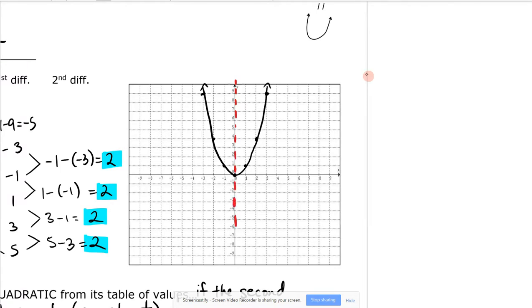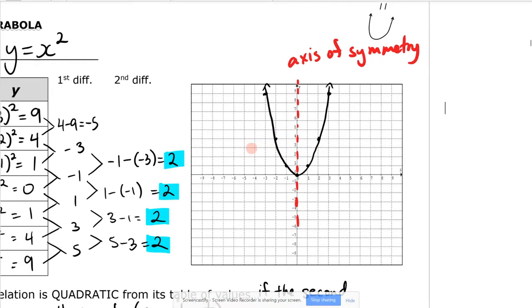It's just an axis of symmetry. And you may recall from elementary school when you have a symmetrical line, everything on the left side of the line is a mirror image on the right side of the symmetry line. Okay, and that's exactly what it's doing here. This axis of symmetry divides this parabola into two equal mirrored parts.